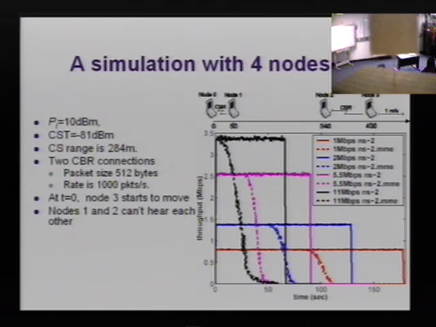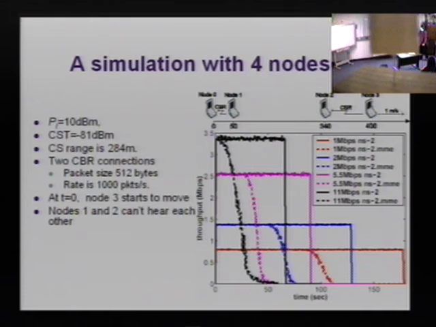Node 3 is at 400 meters, but at T0 it starts moving at 1 meter per second away from node 2. In this experiment, the power was set to 10 dBm. Carrier sensing threshold was minus 81 dBm. So carrier sensing range is 284 meters, which means that node 2 and node 1 cannot hear each other.